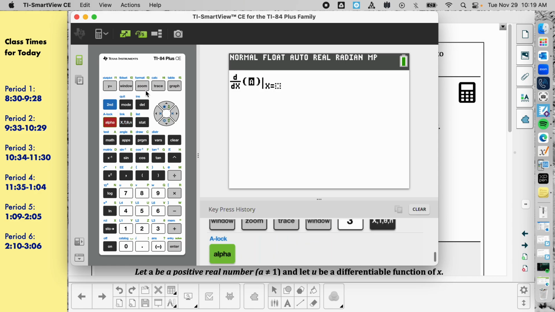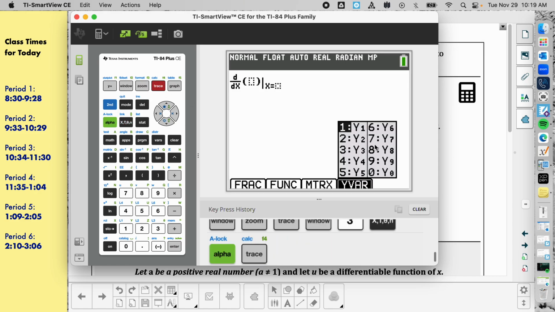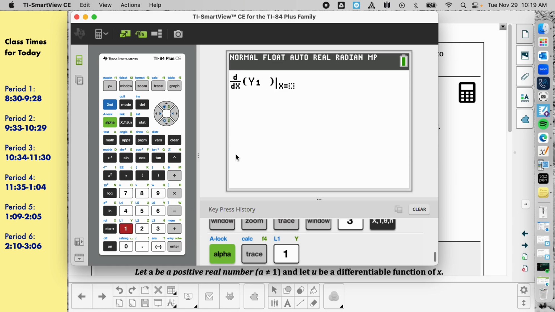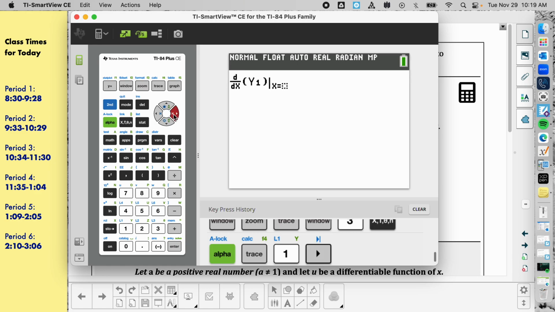So this is where you can use that variable menu. If I hit number 1, that's just going to tell the calculator to use the equation that's in y1. And then I don't have to retype it. And we're trying to find the slope at 1.106. So then I would just need to type in the number 1 time.